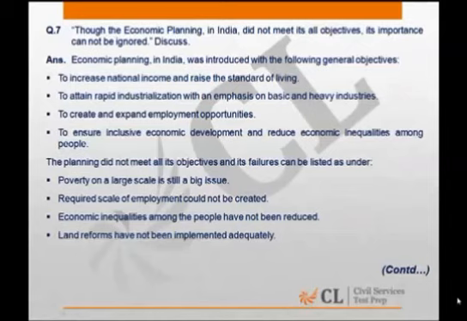Suppose we talk about the regional blocks like ASEAN, European Union, SAARC nations, Shanghai 5, African Union, etc. To strengthen our foreign policy, India has signed different types of agreements like free trade agreement FTA, SAFTA with South Asian nations.